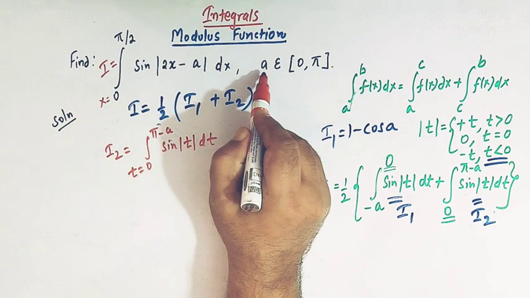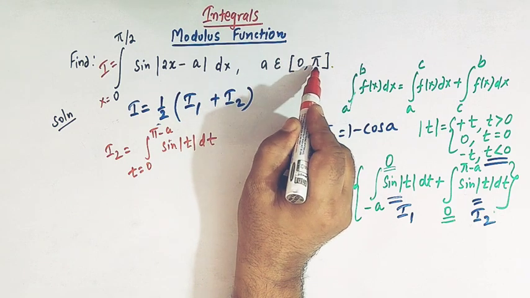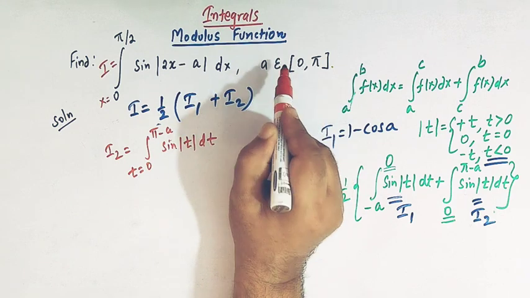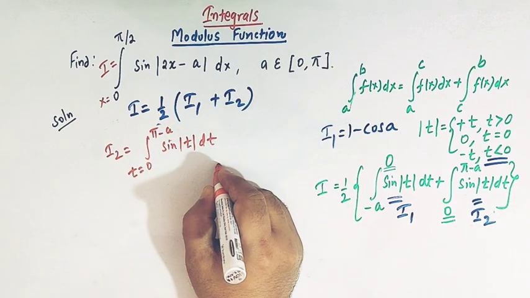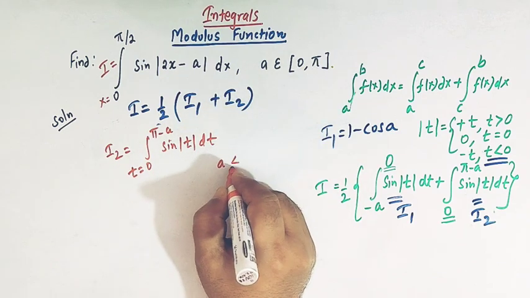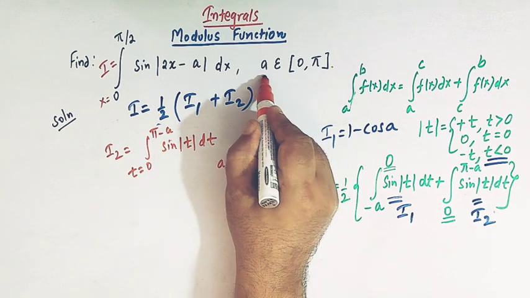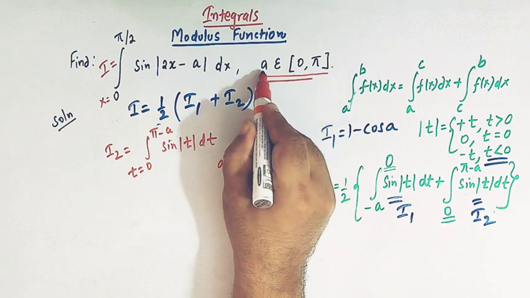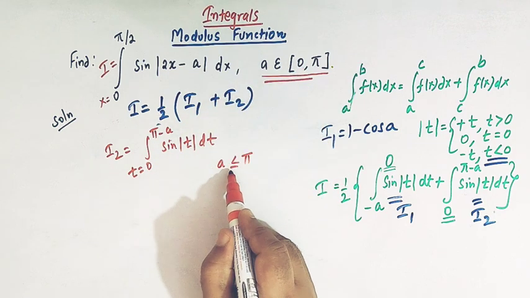So let us see this interval, that is closed interval 0 to pi. Now here a belongs to this interval, that is 0 to pi. So we can now write a is less than or equal to pi, right? From this interval, right? Because a belongs to this interval. So a is either less than pi or equal to pi.